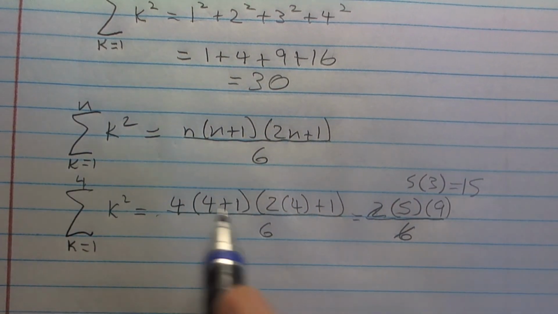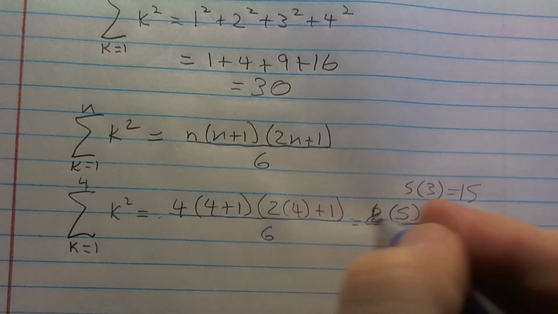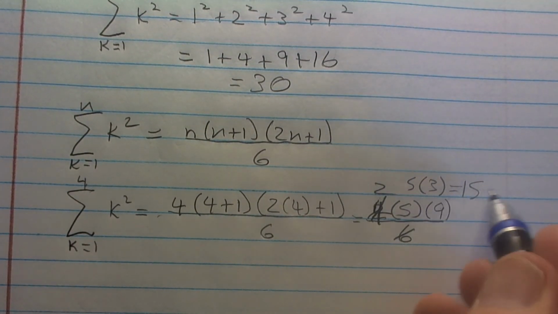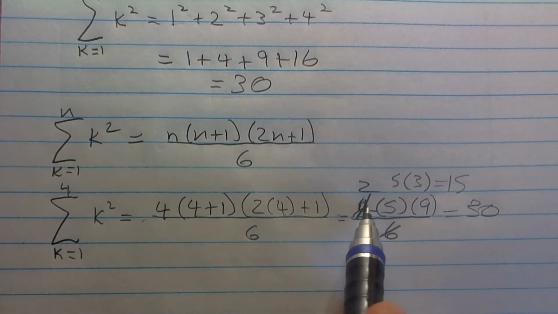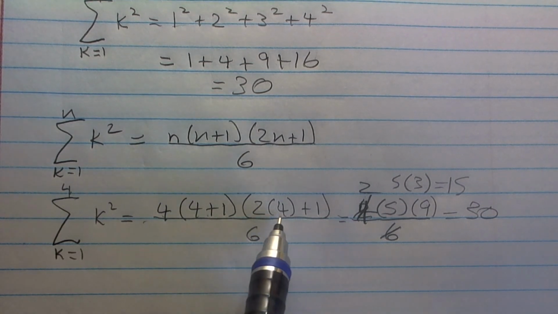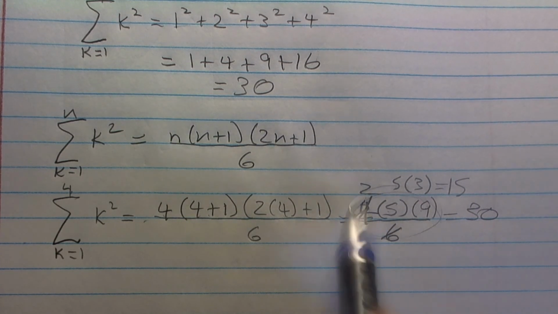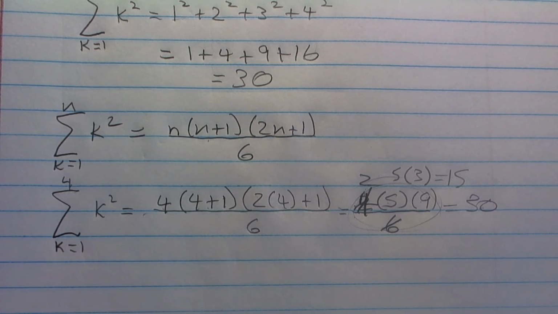Oh no, it's 4. There's a 4 there. I'm sorry, I wasn't thinking. I wrote that as a 2 instead of a 4. But here's 4 times 5 times 9 over 6, and this all simplifies to 30. Okay. So that's how that formula works.